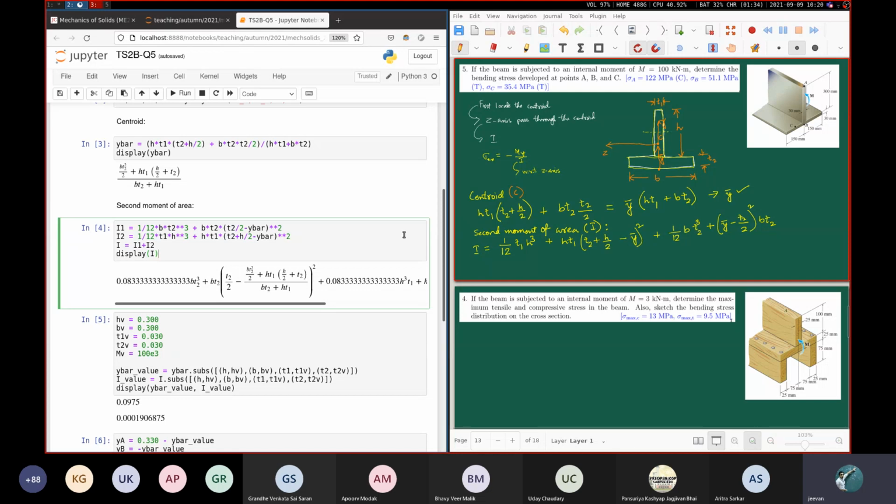During an examination, or even when you are doing problems, why bother doing these calculations repeatedly when you already have a script ready where you can just substitute the values and get the answer in a matter of seconds? I think that's a useful thing you can do for your future self. Okay, so let's get back to where we were.